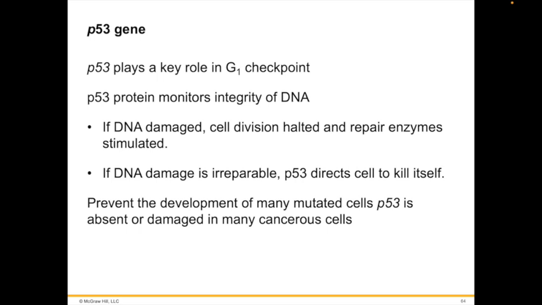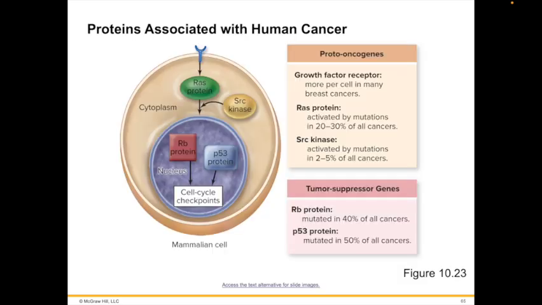The action of p53 can affect the cell cycle and apoptosis, but also inflammation and even metabolism. Thus, p53 has many roles, some of which lead to acting as a tumor suppressor. So here is figure 10.23, and it shows a number of key genes that have been found in the analysis of many different cancers.